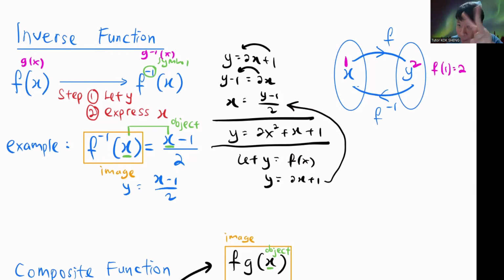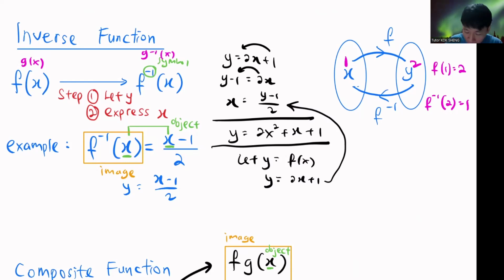The inverse will be going backward, the opposite direction. So also follow the direction. Inverse is right to left. So for the inverse, you have to write f negative 1 of 2 equals 1. The object and image for these two will switch.